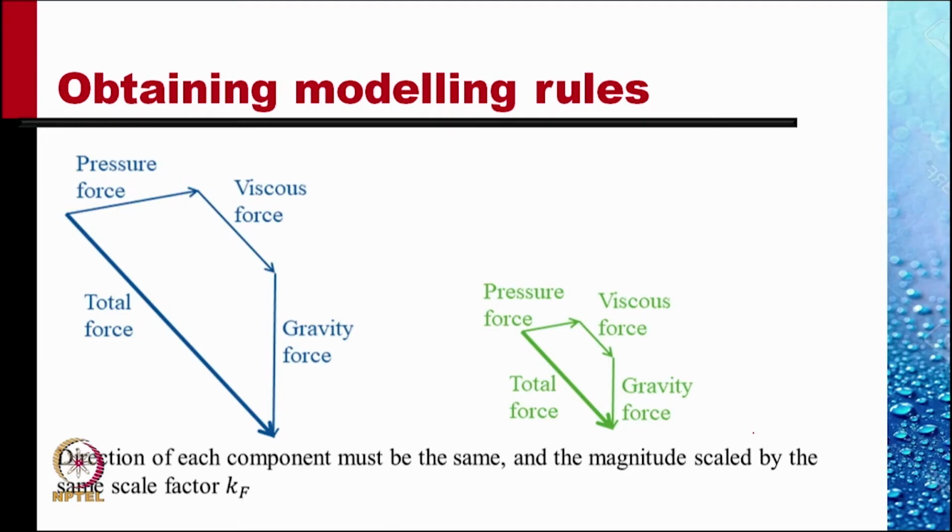So it's not only the pressure forces have the same scale factor, but the x component of the pressure forces also would have same scale factor. The y component of pressure forces would have the same scale factor, the direction being the same. Similarly for all forces. This is the basis on which we construct the modeling rules.